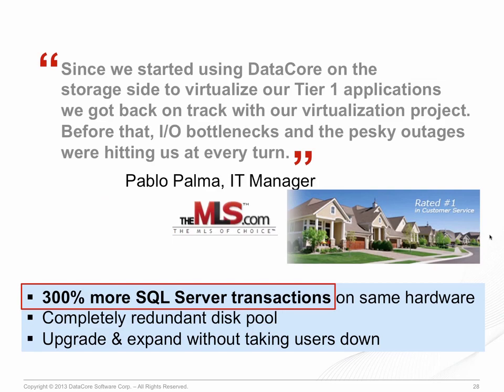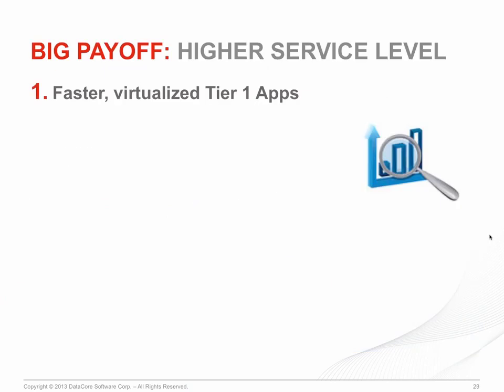And on top of it, it's redundant on disk pools, and you can expand and upgrade without taking users down. So as you can see, it is not only performance that will be brought by DataCore, but also more services. And the services are obviously faster.